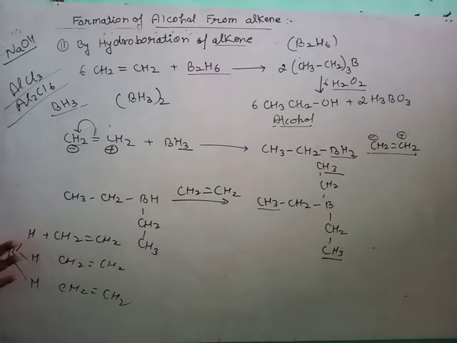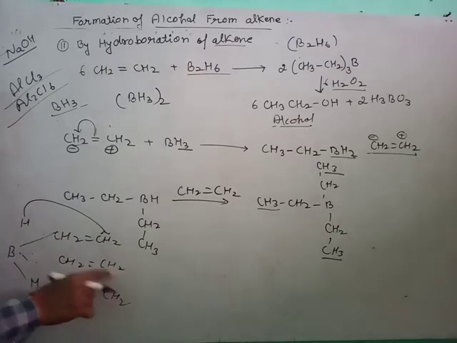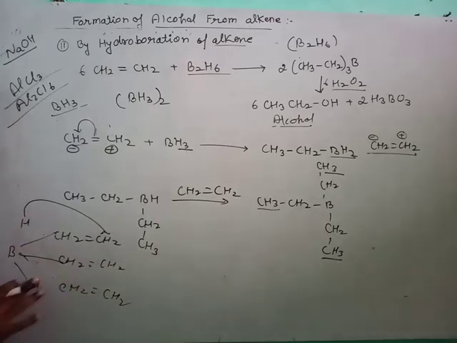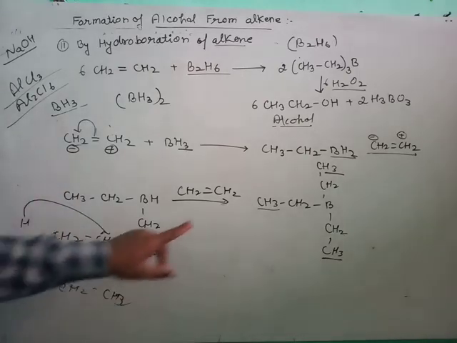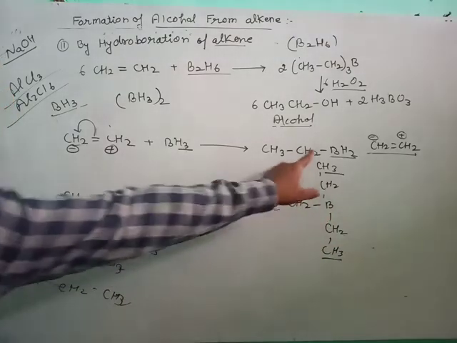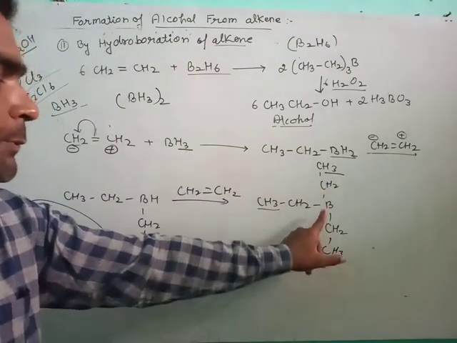Boron removes its hydrogen, and this hydrogen goes toward here, this hydrogen goes toward here, and this hydrogen goes toward here, and this carbon makes a bond with boron. When this hydrogen moves to CH2, boron makes a bond with CH2, and here similarly. It means all double bonds break and it forms CH3 and CH3. So this is CH3 CH2 B, CH3 CH2 B.